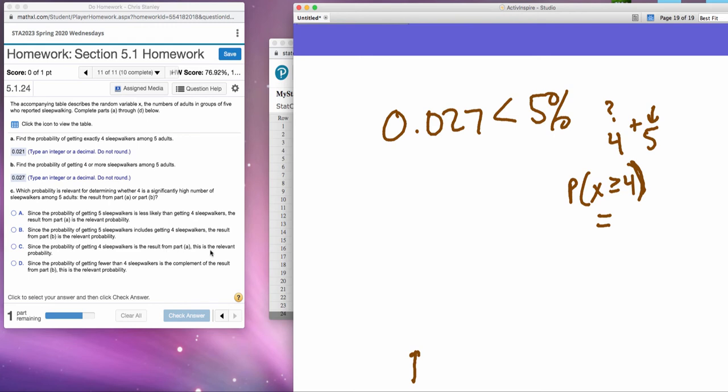Probably getting 4 was up here is the relevant probability. Okay, which probability is relevant for determining the 4? It's part B, because you do 4 or more.